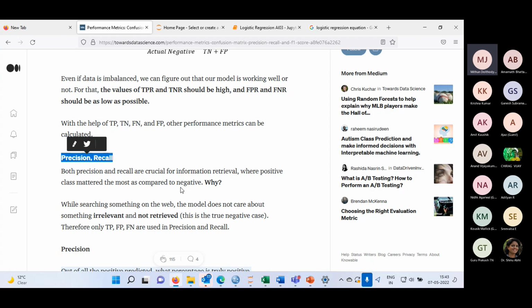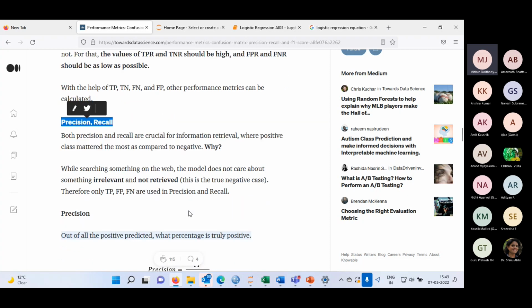While searching on the web, the model does not care about something irrelevant or not retrieved. This is the true negative case. Therefore, only TP, FP, FN are used in precision and recall. True negative itself is not required at all.